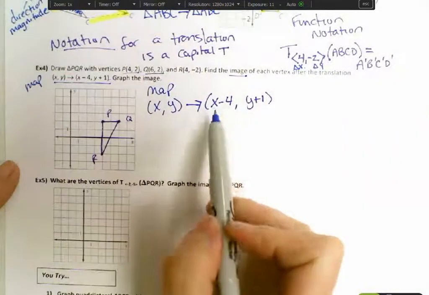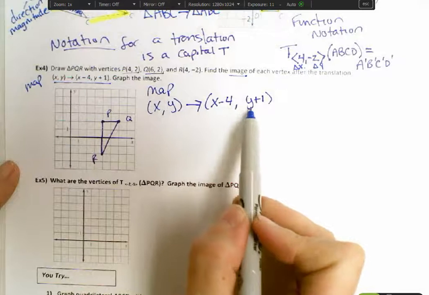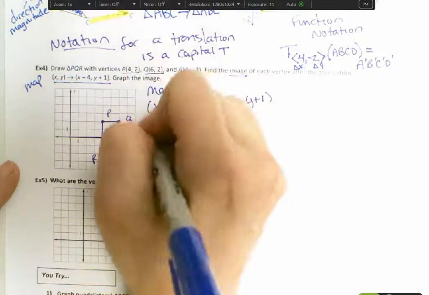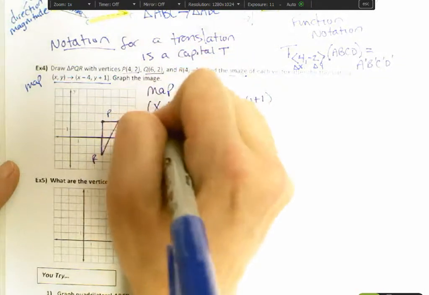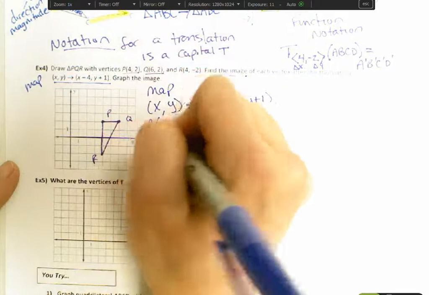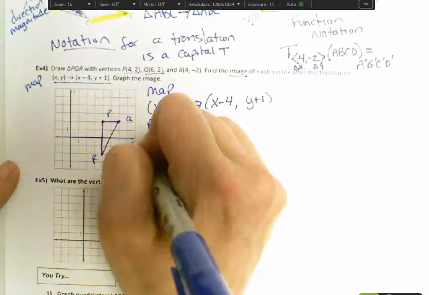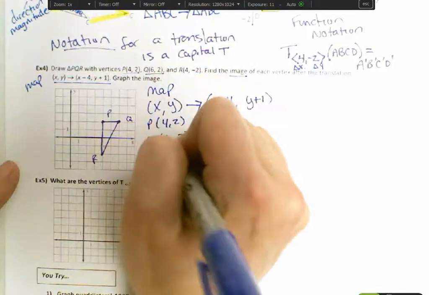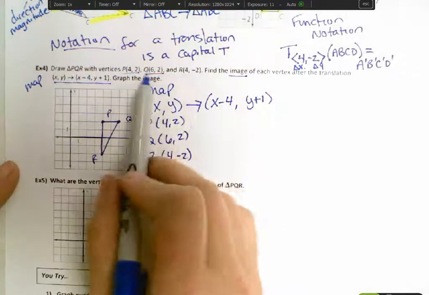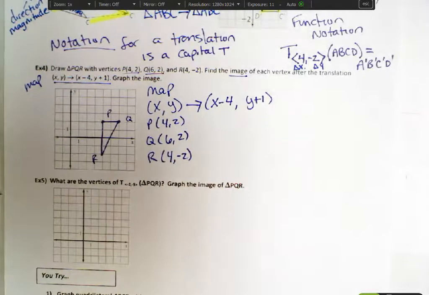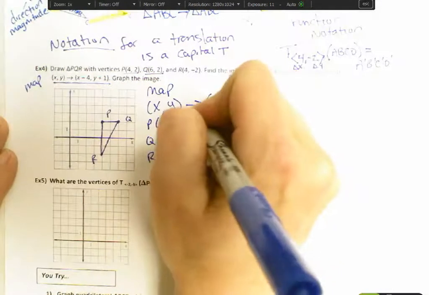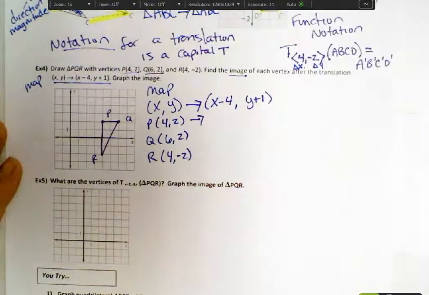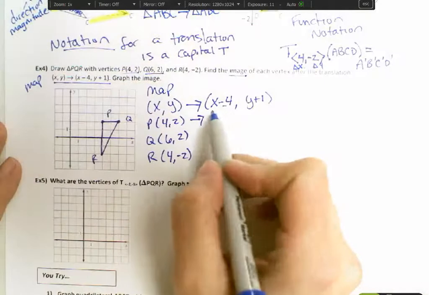That means every x coordinate gets 4 taken away, and every y coordinate adds 1. In my original, P is 4, 2, Q is 6, 2, and R is 4, -2. That just came directly from my original pre-image. I map it by subtracting 4 from every x.